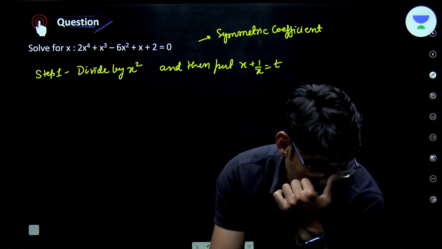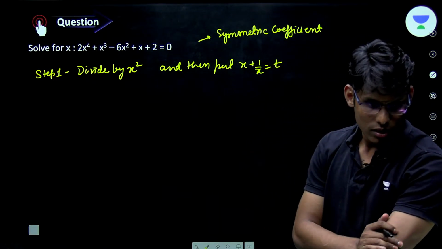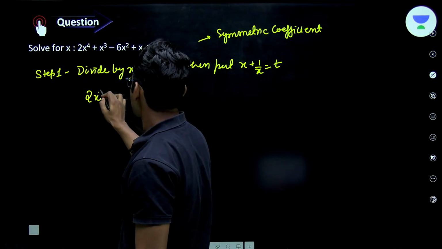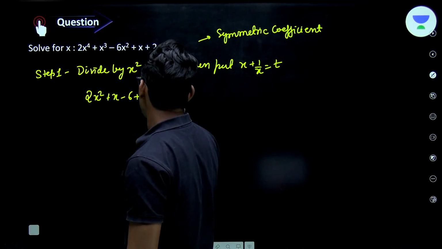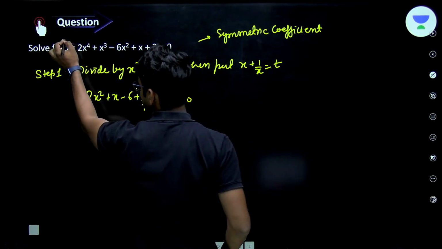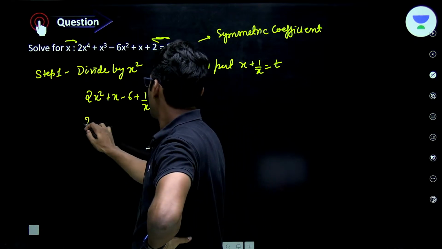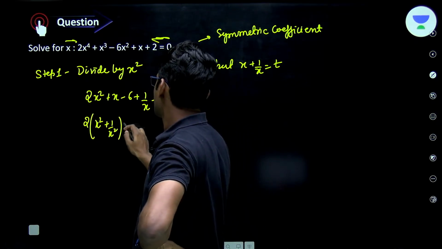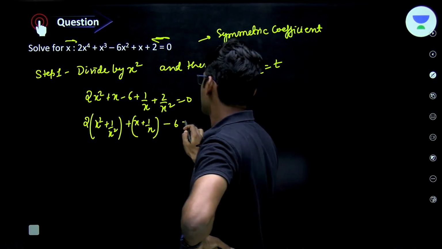Done. So what I'm trying to say here is 2x square plus x minus 6 plus 1 by x plus 2 by x square, right? Symmetric coefficient means when you see it from here or you see it from here, you will find the same things. Now, can you see it like this?